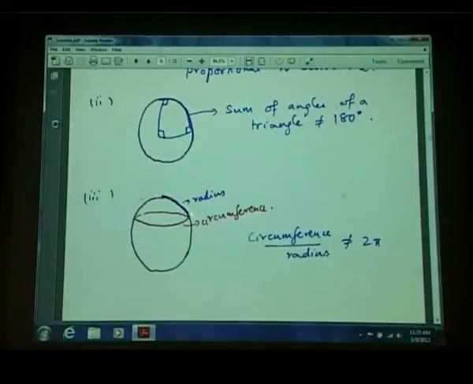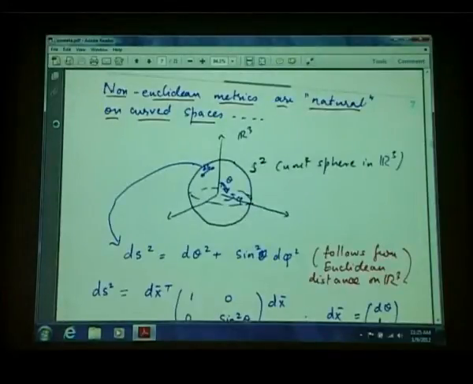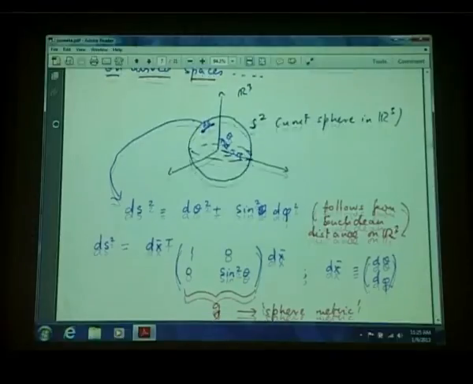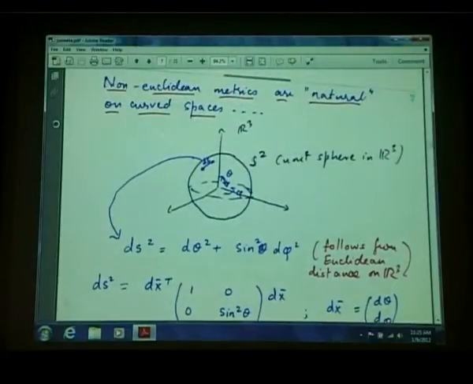The radius of the circle as measured on the sphere is that. Take the ratio of the circumference to the radius, and it will not be 2 pi on the sphere. As I said before, non-Euclidean metrics are actually natural on curved spaces. So there is this connection between metric and curvature.